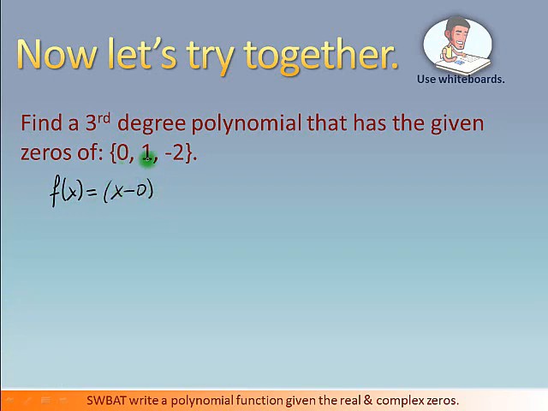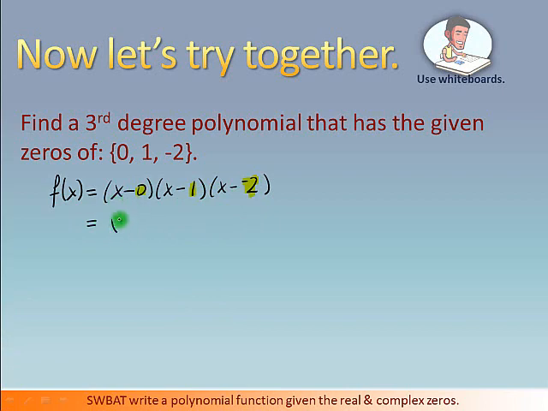Similarly, the next is x minus 1. Same thing on this one: as a factor, it would be x minus -2. So it's always x minus whatever the zero is. Then we simplify, multiply, and we'll have our polynomial.